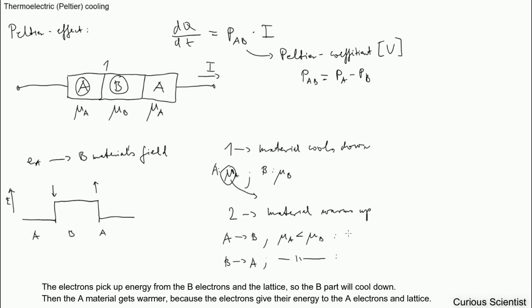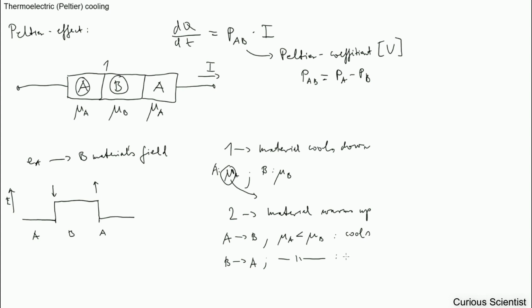So the material cools down, and here it's getting heated up. So this is how the Peltier effect works, and this is the principle we use in the Peltier device.